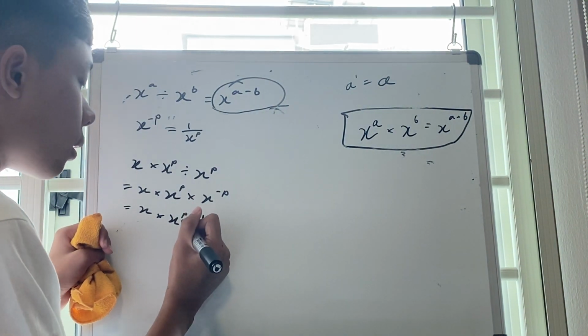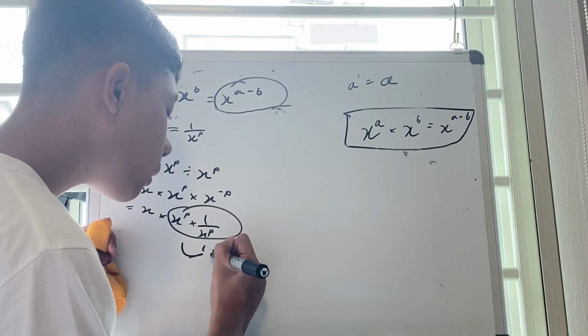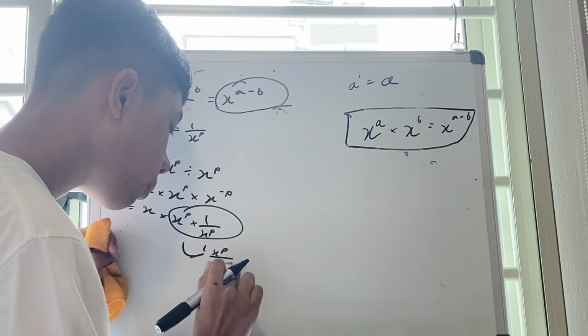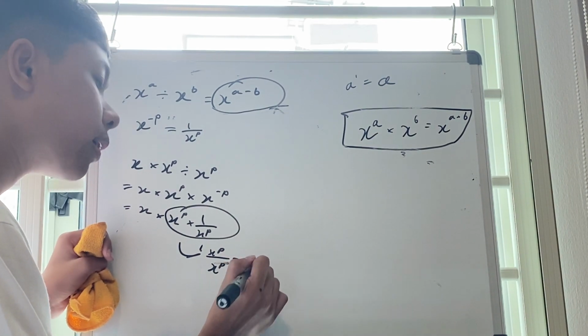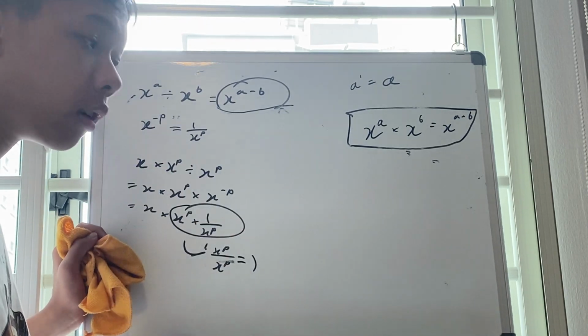So this one evaluates to x power p over x power p, which equals 1, because when you divide a number by itself, you get 1.